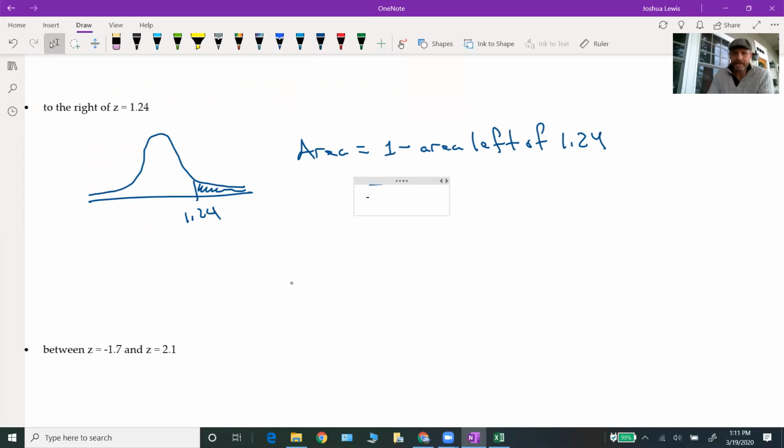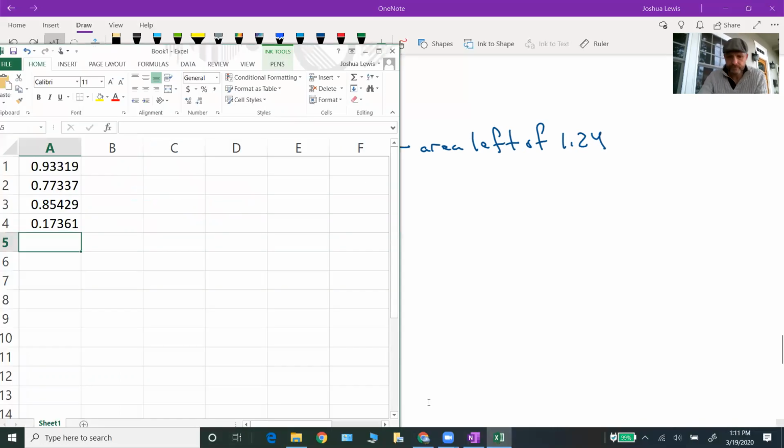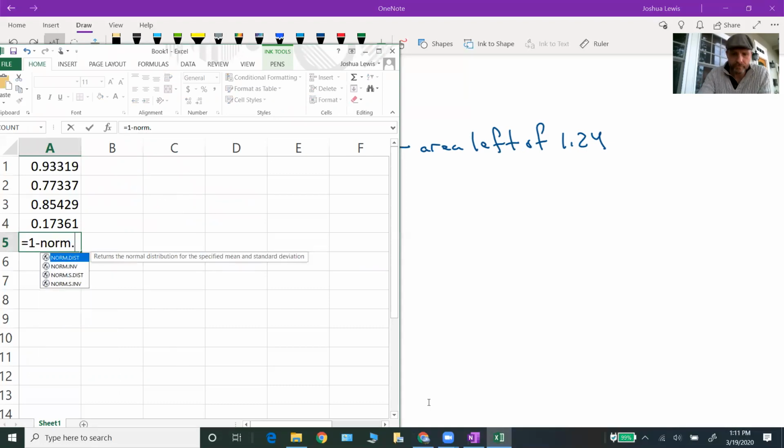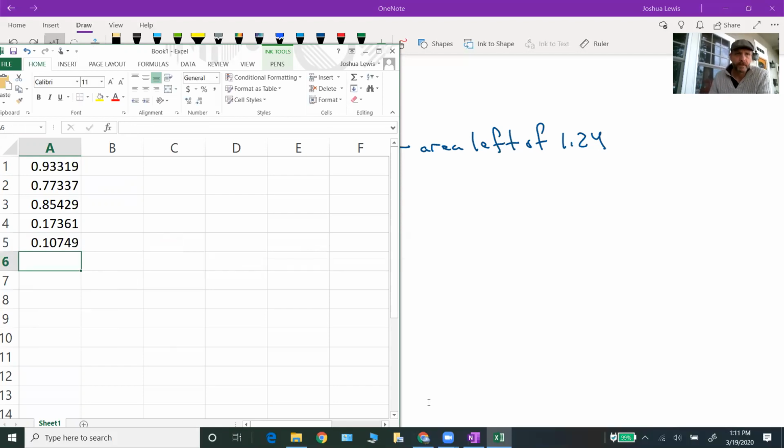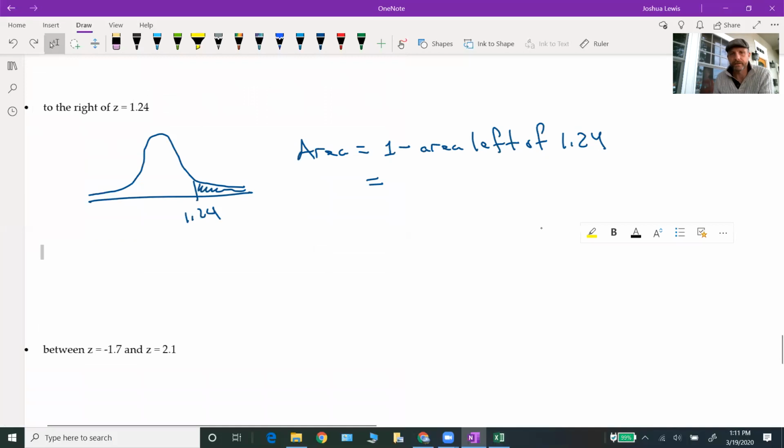So 1 minus, come over here to Excel, equals 1 minus norm dist 1.24, 0, 1, and true. We get 0.1075. I'm rounding.